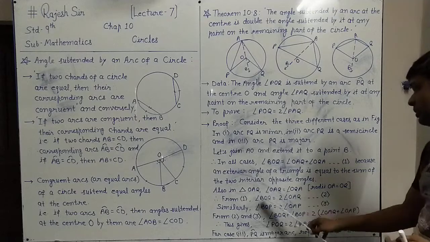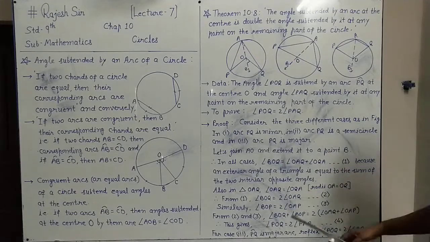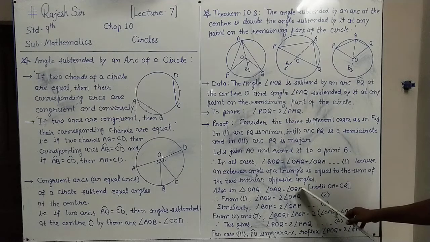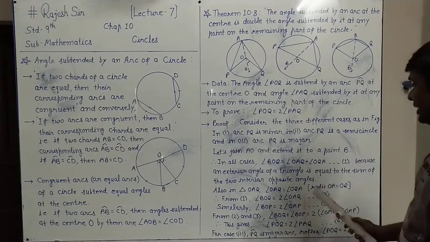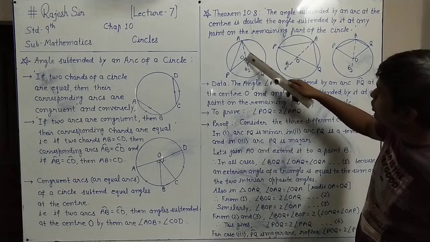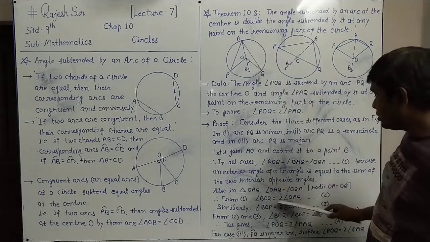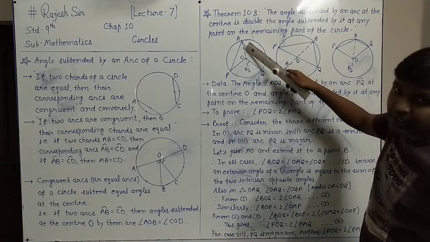So angle BOQ equals 2 times angle OAQ. Say this is result 2. What we have proved here is that angle BOQ, this exterior angle for this triangle, is twice of angle OAQ, this angle.